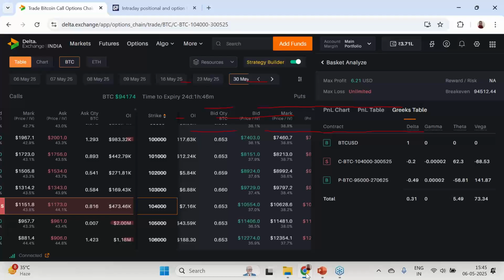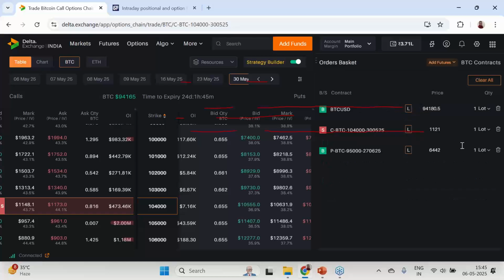So what happens in this particular case? In this particular case, we are selling one option at say 1121. But the intrinsic value in this option, if 94,180 we are taking, is near to 800 dollars, not rupees, USD.